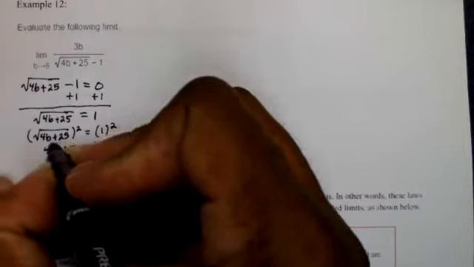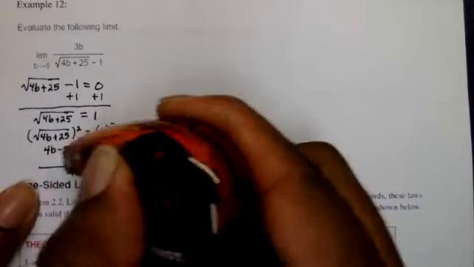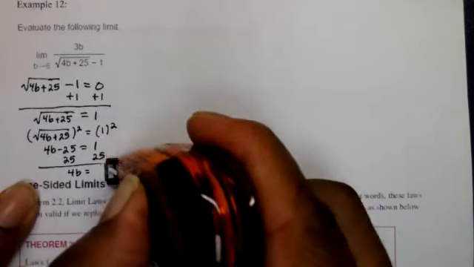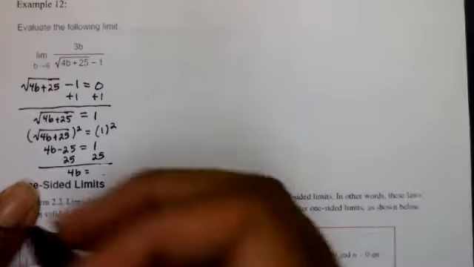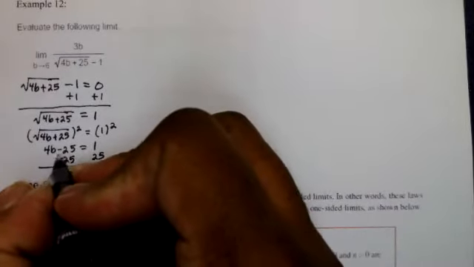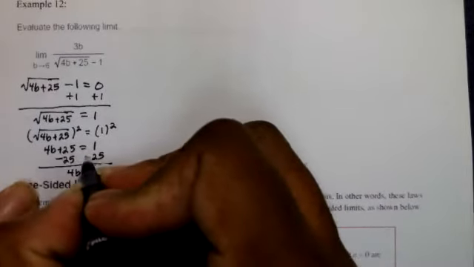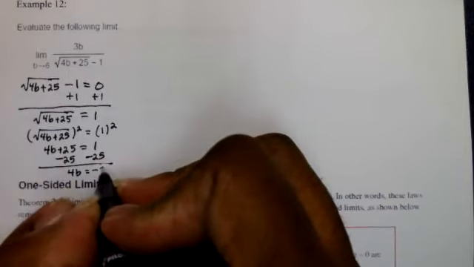4b is equal to 26. I'm sorry. This should be plus. And that means I need to subtract 25 on both sides. I copied the problem wrong. So it'd be -24 when I do 1 minus 25.